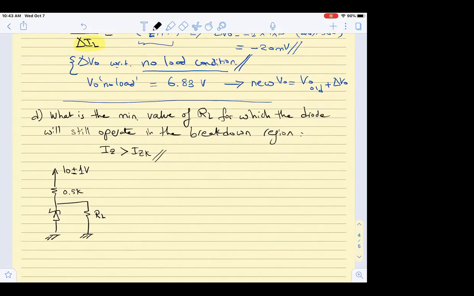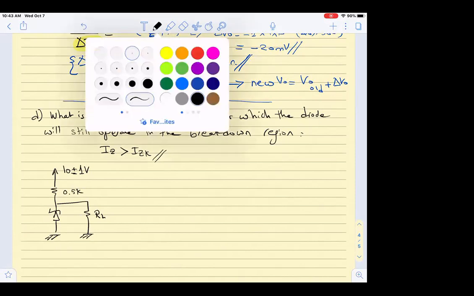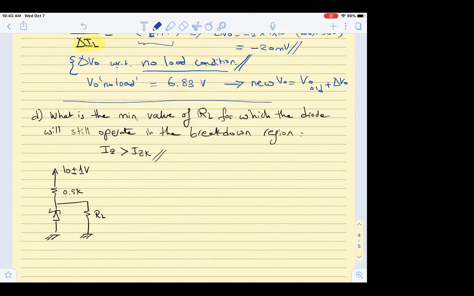I need to find the minimum value of RL for which the diode will still operate in the breakdown region. Let's first take one point and see what the RL value is, and then study the other fluctuation conditions for V plus and see how we derive the minimum among them. Does anyone have a question about what we mean by the question? We want to find RL such that IZ stays greater than IZK.